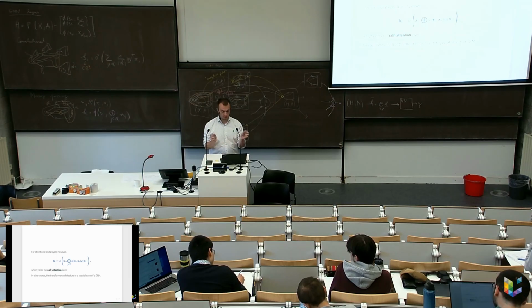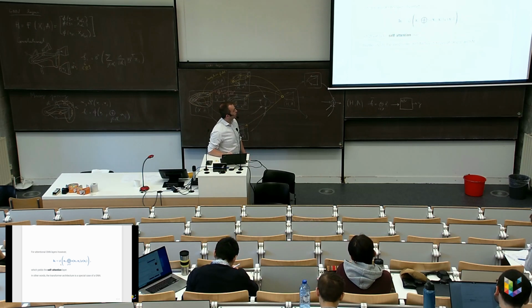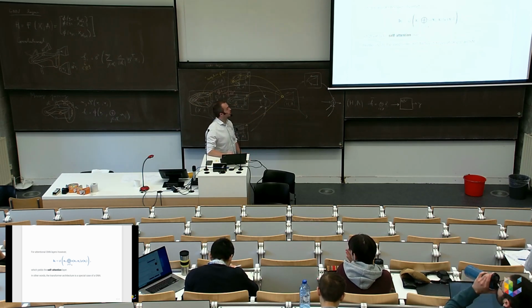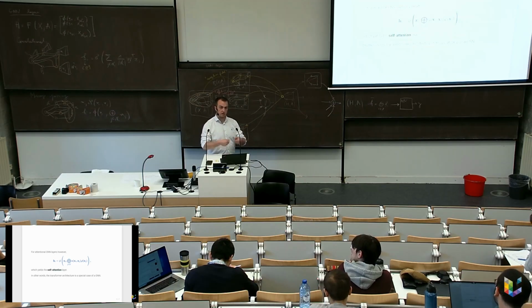Any token can attend to any other. Then we computed attention scores, meaning how important each token is for each other token. For each token we computed a linear projection, a value function.